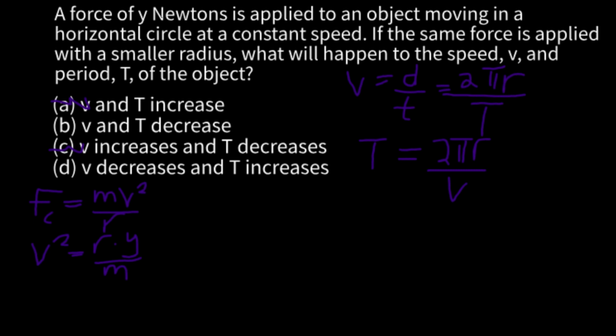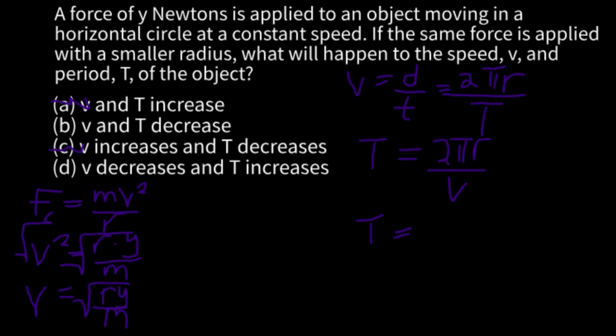But we already have an equation for speed if we take the square root of both sides. So we'll have then that v equals the square root of rF divided by m. So we can substitute that in.